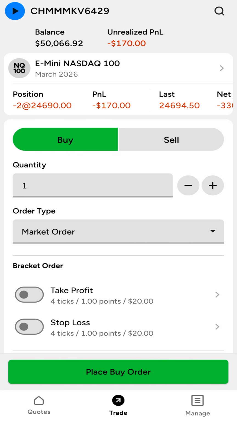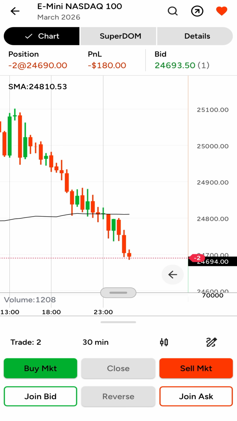This is the NinjaTrader where you put the trade in. I'm still getting used to that platform, but I put in 2 contracts, and you can see price underneath the 50. That black line is the 50 on NinjaTrader. You can put a bunch of indicators on your NinjaTrader chart.